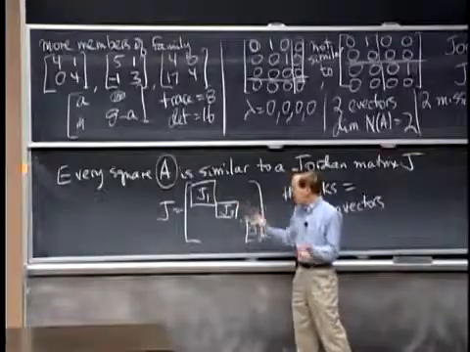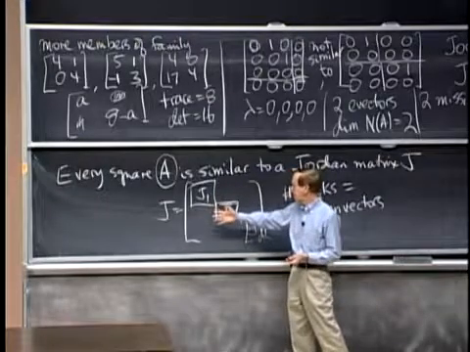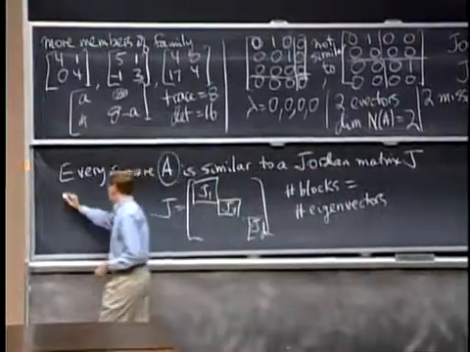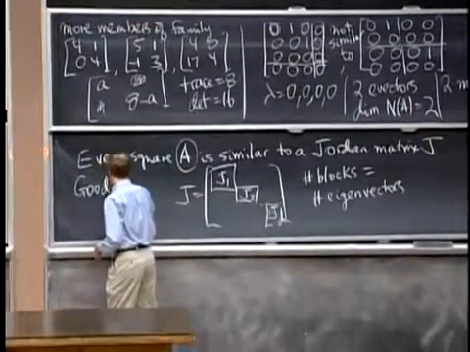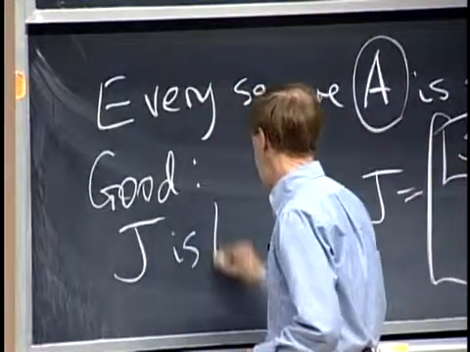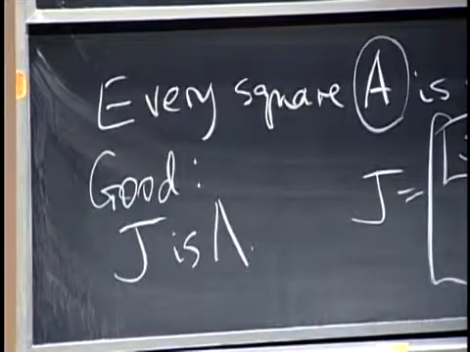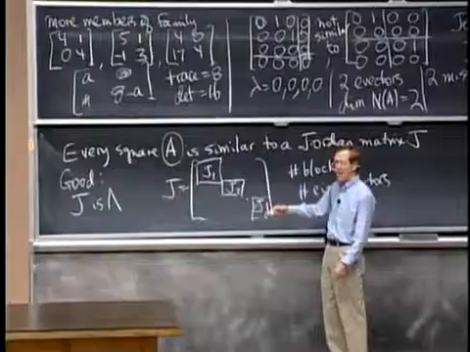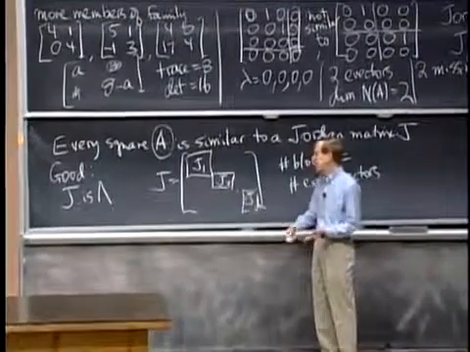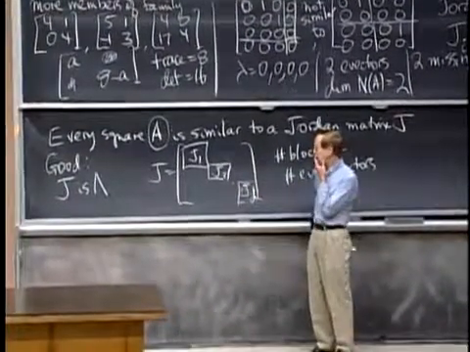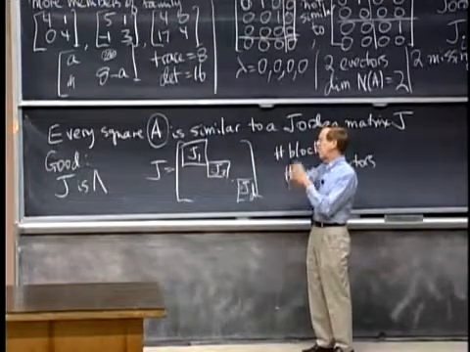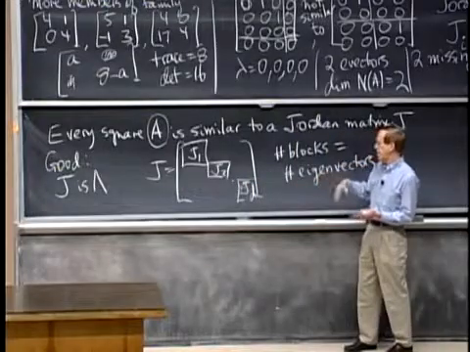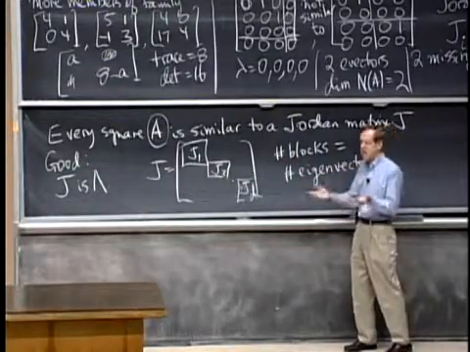The Jordan matrix is diagonal. J is lambda. There are d equals n blocks, n eigenvectors, diagonal, everything great. But Jordan covered all cases by including repeated eigenvalues and missing eigenvectors.